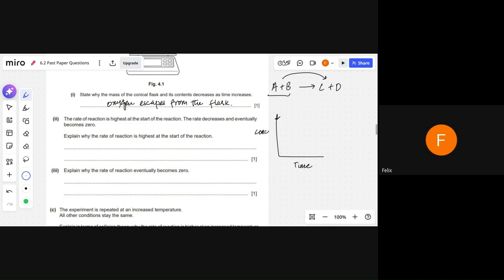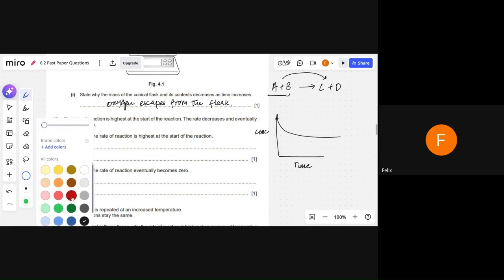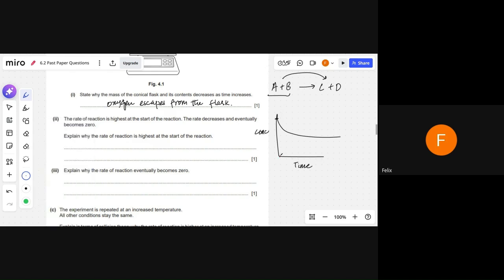So for reactants A and B the graph will look something like this, and for the products C and D the graph will look something like this. When the graph is a straight line, it may mean that equilibrium has been achieved, or all the reactants got used up.